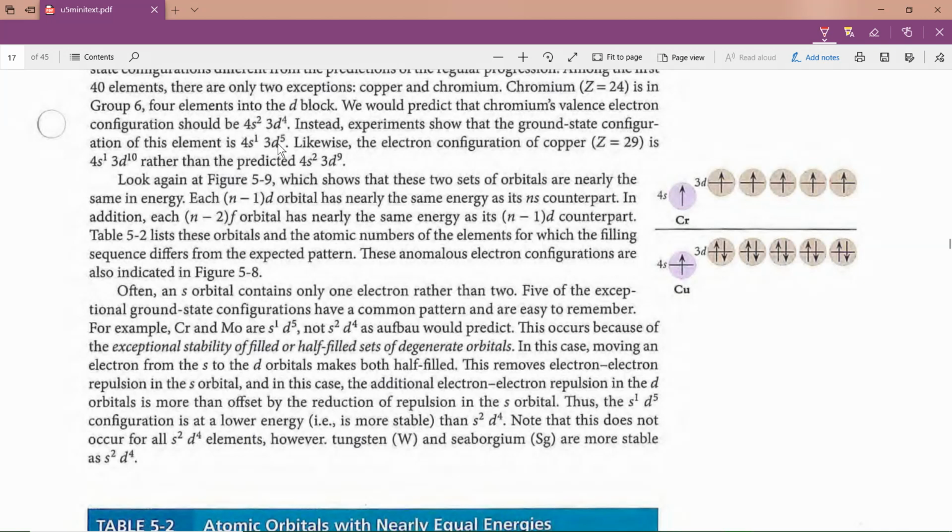Okay, so not 4s2 3d4, but 4s1 3d5. And copper, you might expect would be 4s2 3d9, but it's not. It's 4s1 and then 3d10. So 4s1 3d5, and 4s1 3d10.